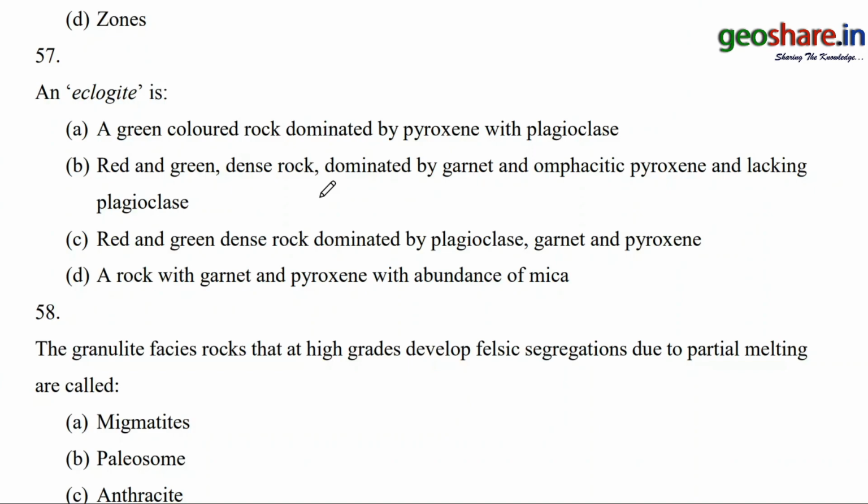An eclogite is red and green dense rock dominated by garnet and omphacitic pyroxene and lacking plagioclase.